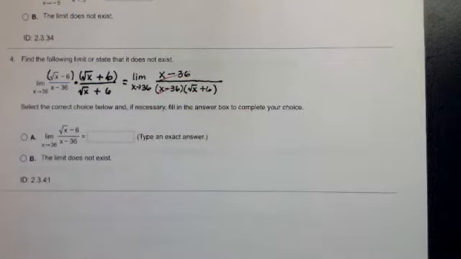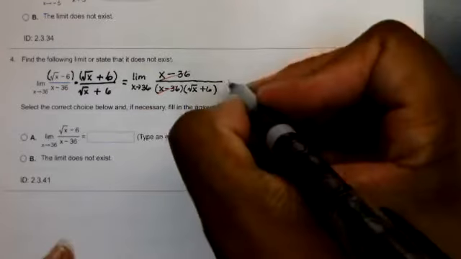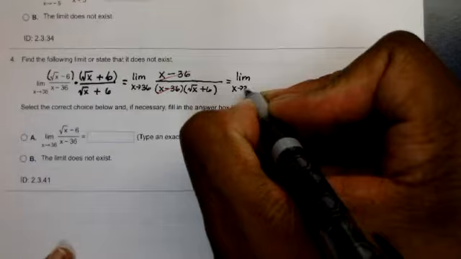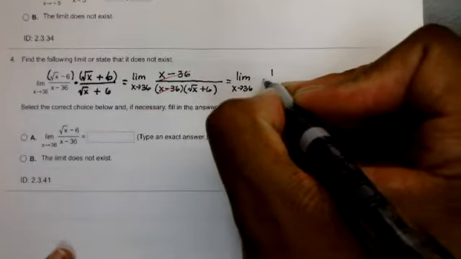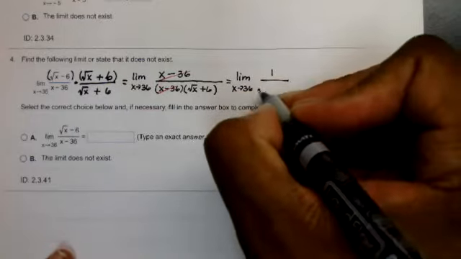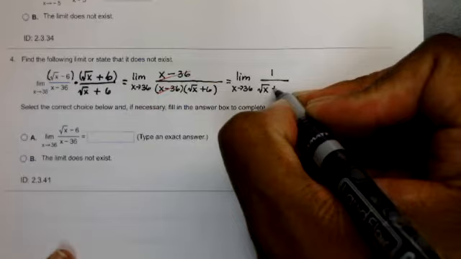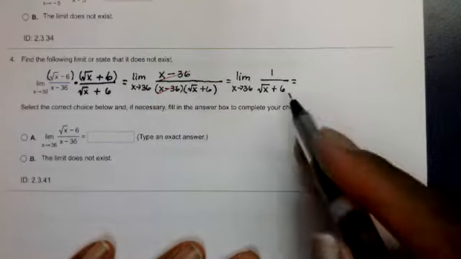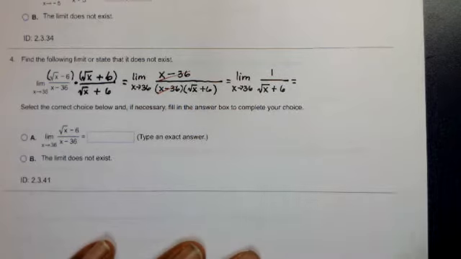So here's what I'm going to be left with. I'm going to bring over the limit as x approaches 36 of, and I'll have a 1 in the numerator divided by the square root of x plus 6. Now I can use direct substitution because I'm not going to have a 0 in the denominator.